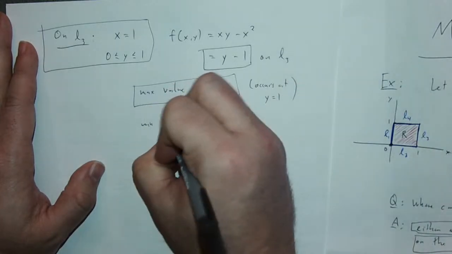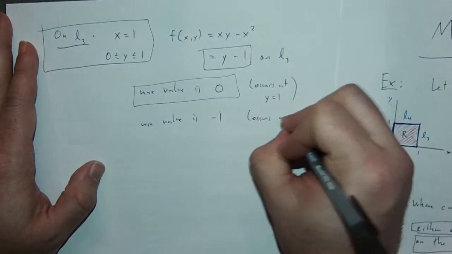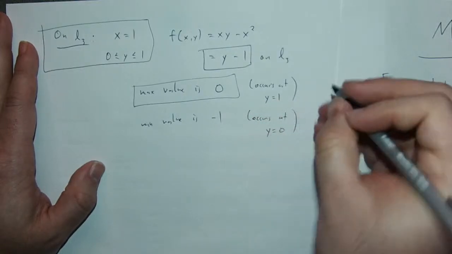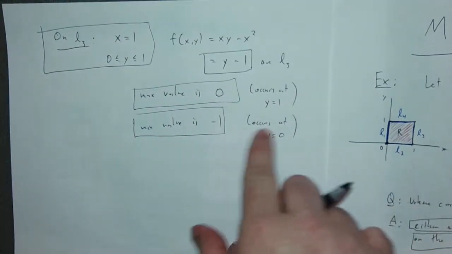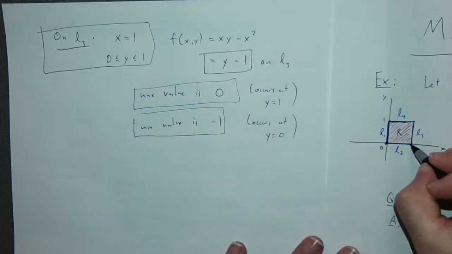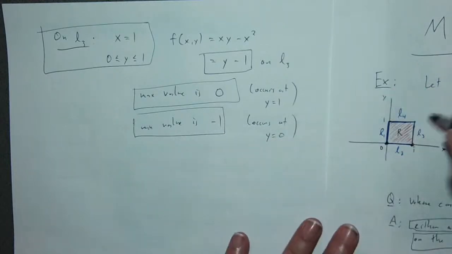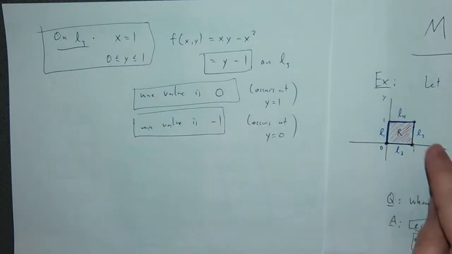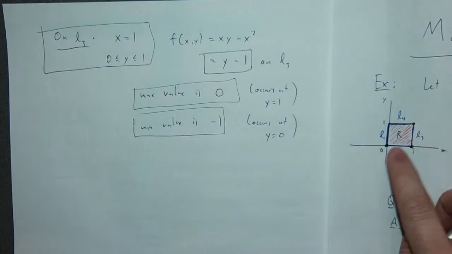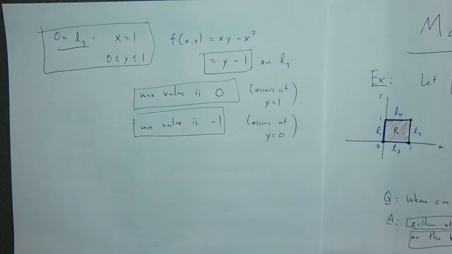Its min value is minus 1, and this occurs at y equals 0. But we already knew about y equals 0 here, because when y is equal to 0, we're still at this corner, where we already found that the value of f was minus 1. So this is just agreeing with what we found before. But the value of f at this corner is 0. When x is equal to 1 and y is equal to 1, that's this corner, and the value of the function is 0. It's actually 0 everywhere on this edge.